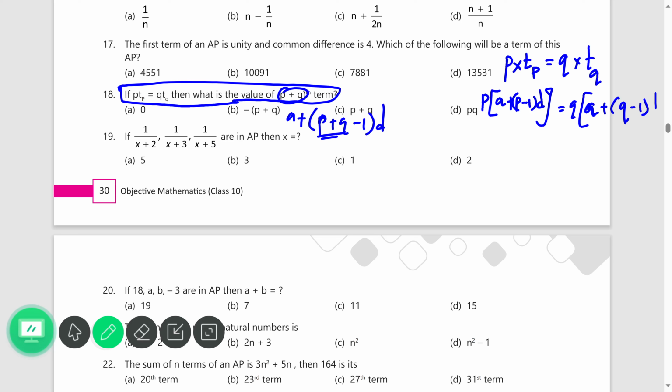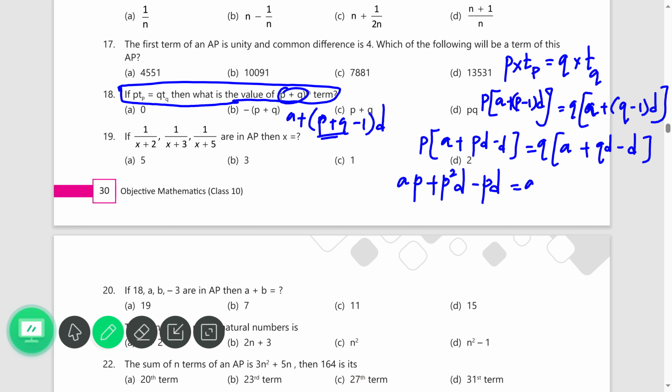Am I right? D you multiply inside. P into A plus P into D, PD minus D, equal to Q into A plus QD minus D. Now P you multiply, Q you multiply inside. So what am I getting? AP plus P square D minus PD equal to AQ plus Q square D minus QD.